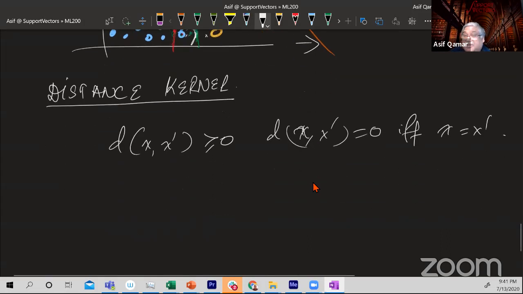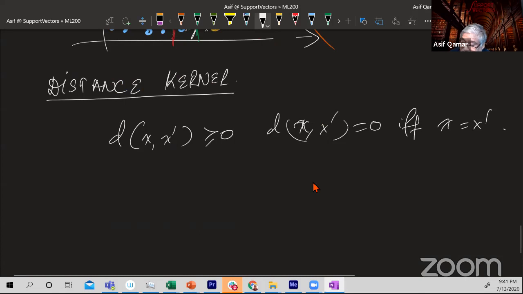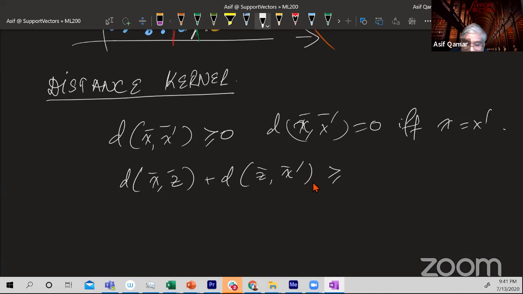And just recapitulating what we said is the definition of distance. And furthermore, we said that there's a triangular inequality: you take a detour via some other point z. Let me put this as vectors in some space. d(x, z) plus d(z, x') will always be more than or equal to the direct distance from x to x'.